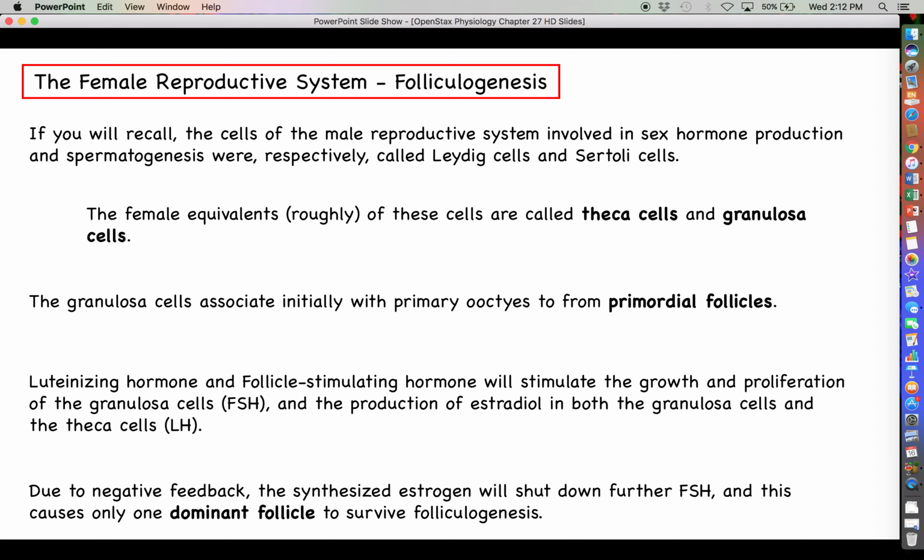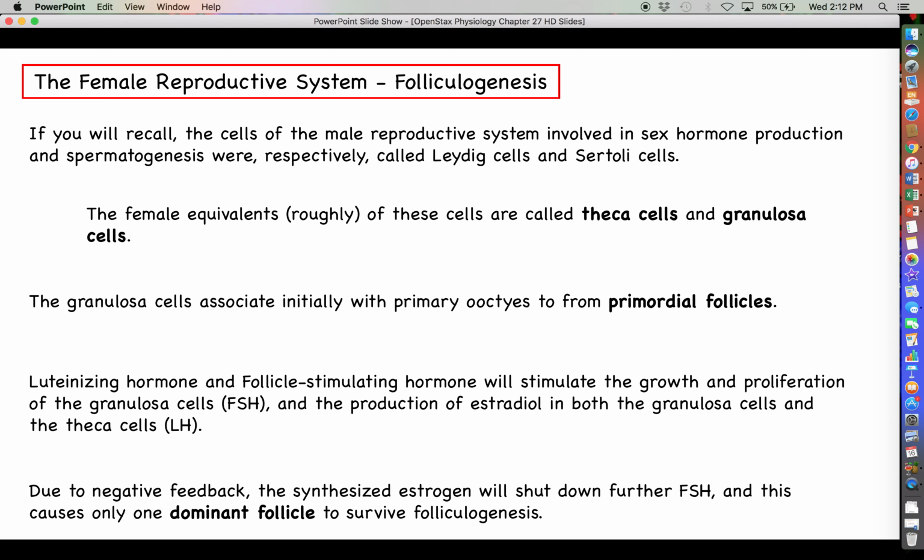So this surge of both luteinizing hormone and follicle-stimulating hormone stimulates the production of the first primordial follicle, but all the synthesized estrogen that comes from the granulosa and theca cells is going to trigger the negative feedback loop that we're familiar with by now, and this is going to shut down any further follicle-stimulating hormone coming from the anterior pituitary, and it prevents us from making any more follicles.